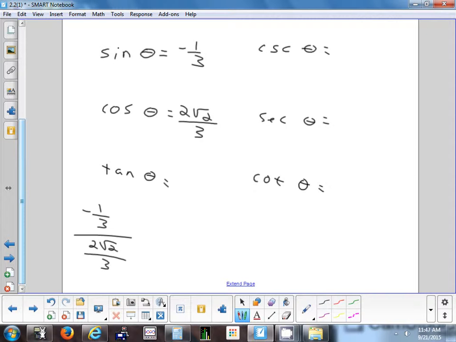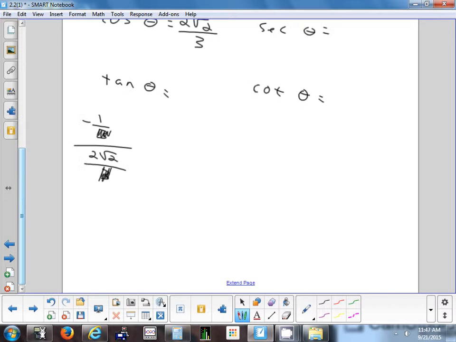What can I cancel out there? Whenever you have the same denominator, either flip and multiply or just cancel them out. So now we get -1 over 2 square root of 2.